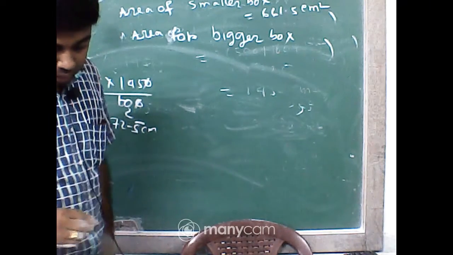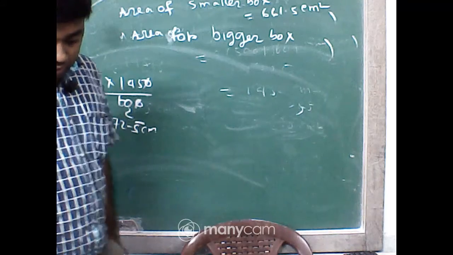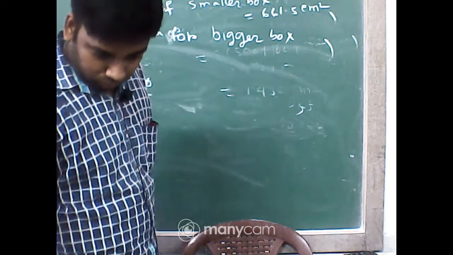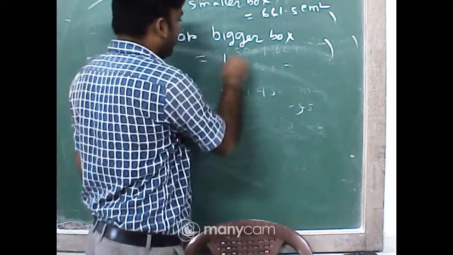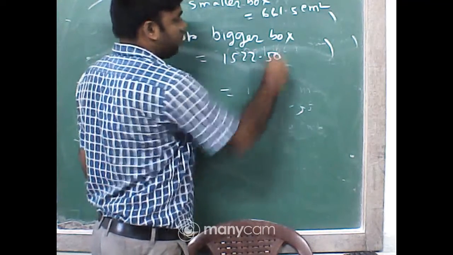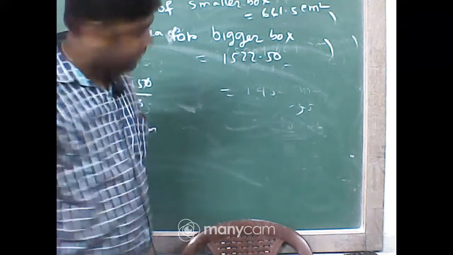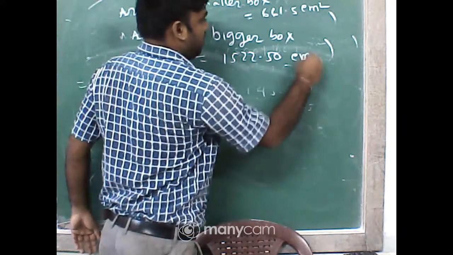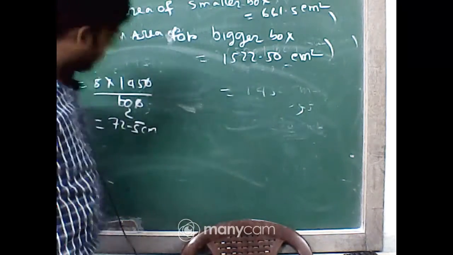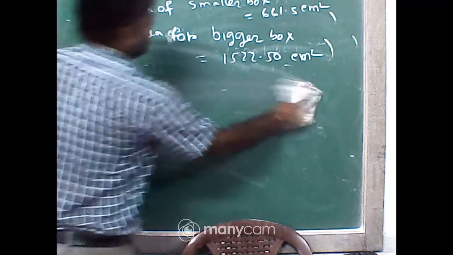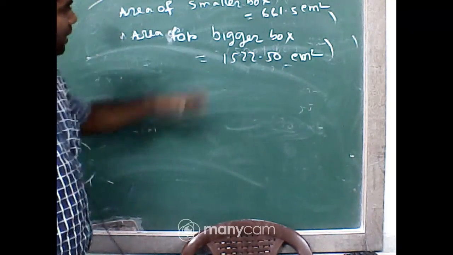So that will be 1522.5 centimeter square. Okay, that is the area of the smaller box and the bigger box.